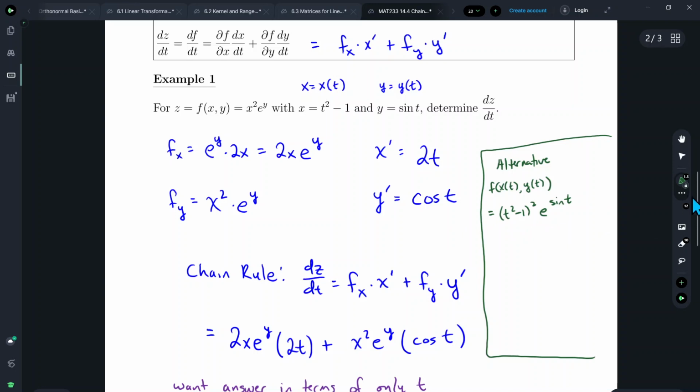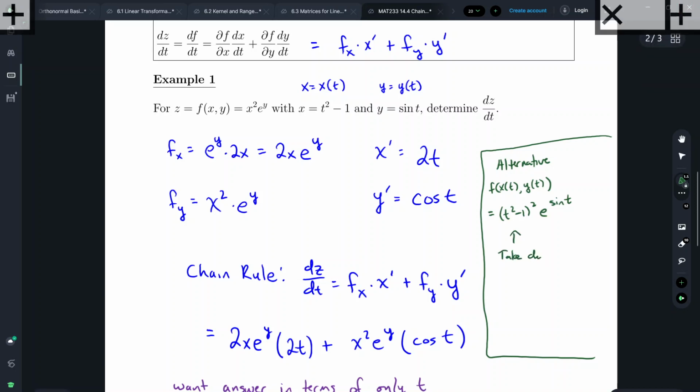So you get this expression, and then basically the final answer should be the same as if you take this expression and do the derivative as you did in Calc 1. So the answer should be the same.